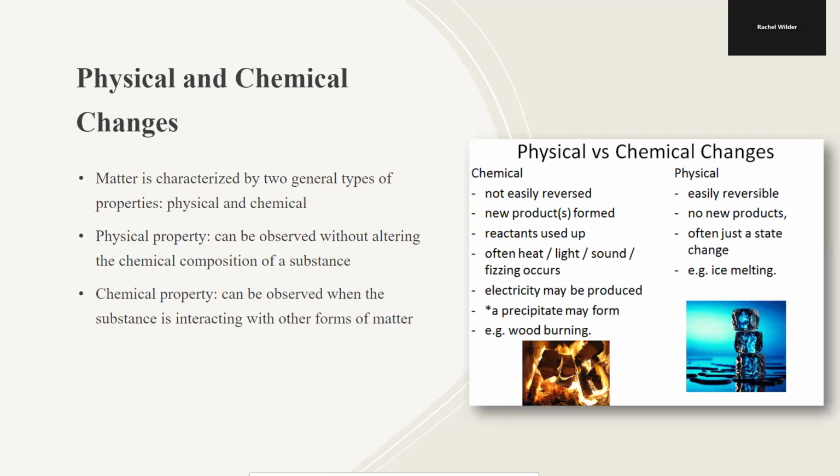Typically, chemical changes will involve heat because it's either releasing or absorbing heat. Light, sound, fizzing could occur. Electricity could be produced. A precipitate could form. And a good example of a chemical change would be wood burning. Because once that wood is burned, that's a chemical change. It's not reversible.